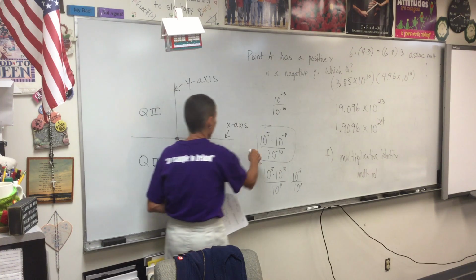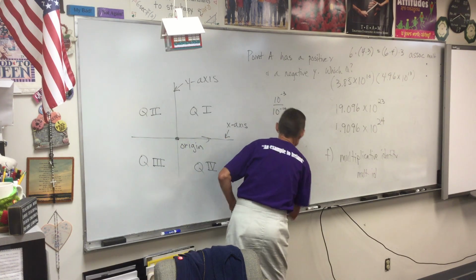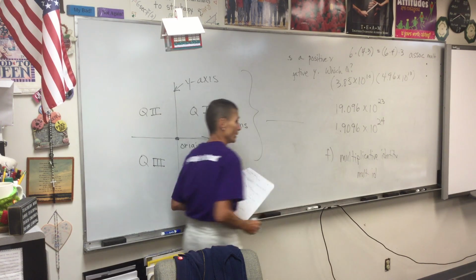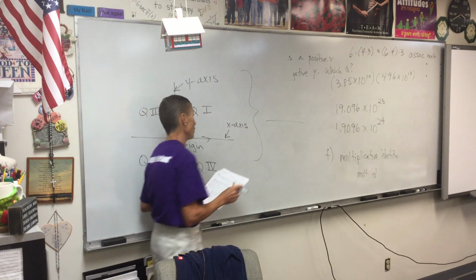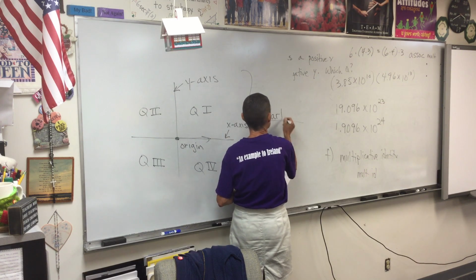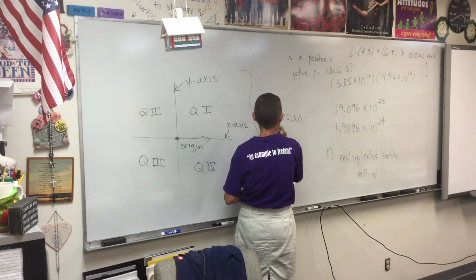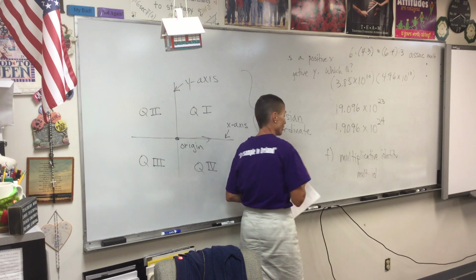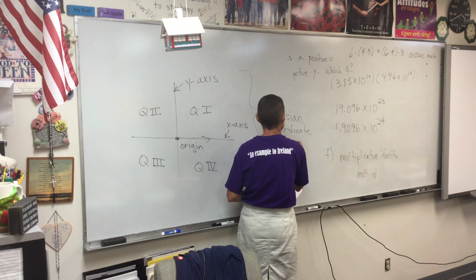What's this whole shebang called? You're supposed to fill in a blank out there that says, what is all this called? It's called the Cartesian coordinate plane. We're gonna have to remember that word. Rene Descartes, one of the great mathematicians.